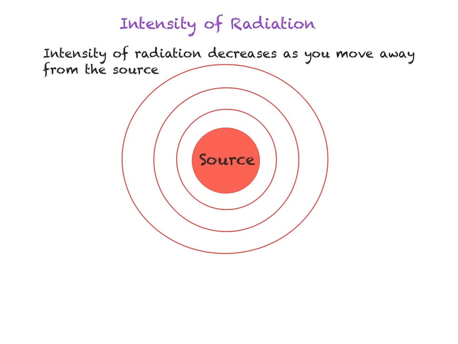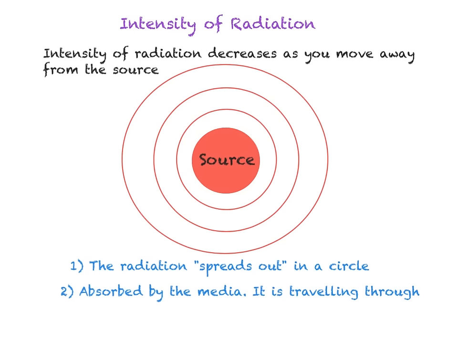The first is that the radiation spreads out in a circle, and the second is that some of the radiation will be absorbed by the medium that it is travelling through. Generally, the more dense the medium, the more radiation will be absorbed, decreasing the intensity of the radiation. We can use the equation on the next slide in order to calculate the intensity.